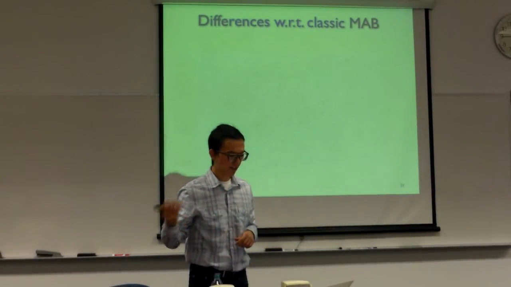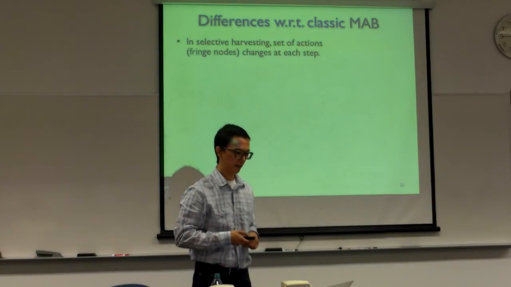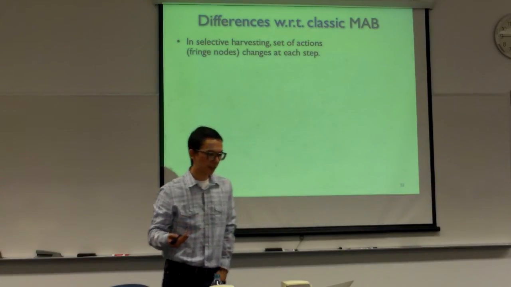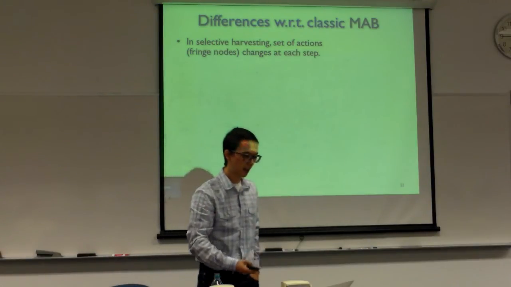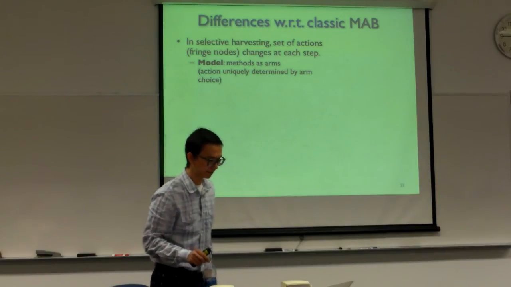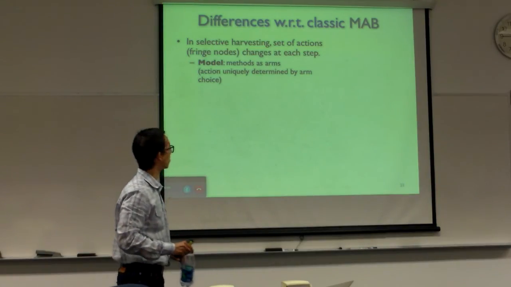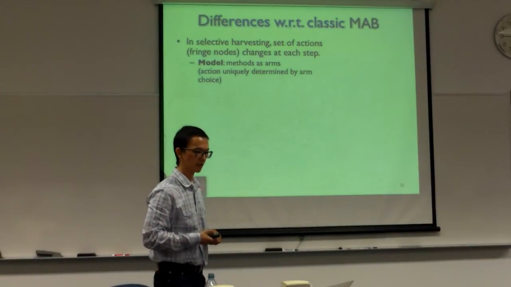But our problem has many differences with respect to this classic MAB. In particular, in selective harvesting, the set of actions, which are the fringe nodes we can query, changes at each step. So the way to circumvent this difference is to model methods as arms.